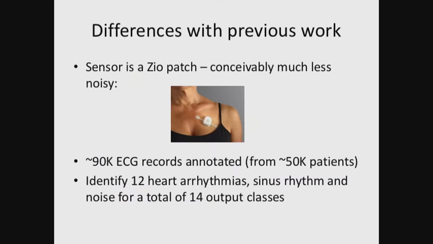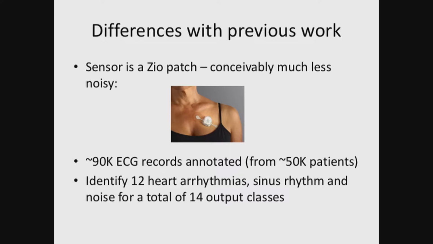And so there are a couple of differences that I want to emphasize relative to the previous work. First, the sensor is different. Whereas the previous work used this AliveCor sensor, in this paper from Stanford, they're using a different sensor called the Zio patch, which is attached to the human body and conceivably much less noisy. Right? So that's one big difference.